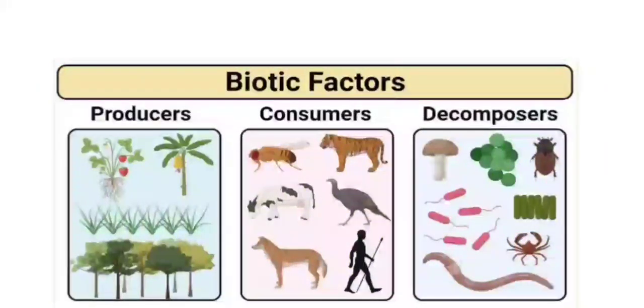The biotic components of an ecosystem are producers, which produce food by the process of photosynthesis, for example plants; then consumers, which are dependent on producers for getting their food; and then there are decomposers which help in cleaning the environment, decomposing the waste material or the organic matter.